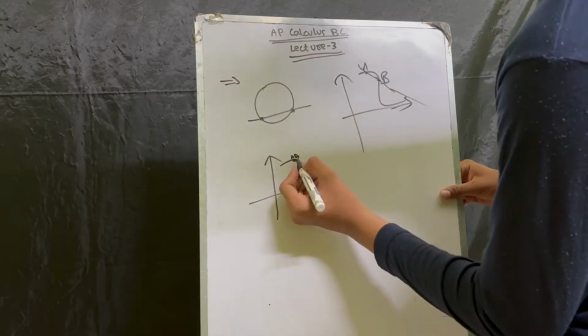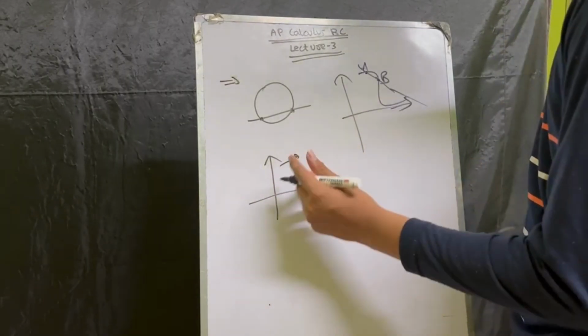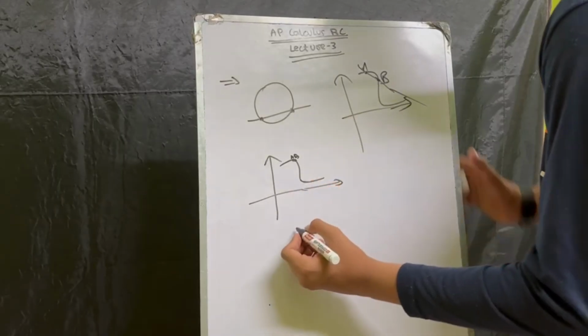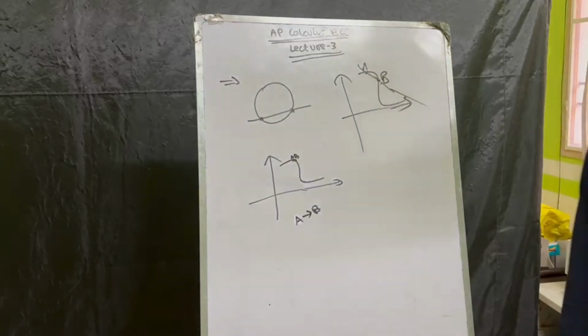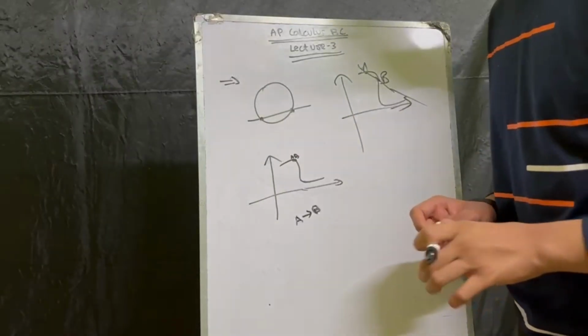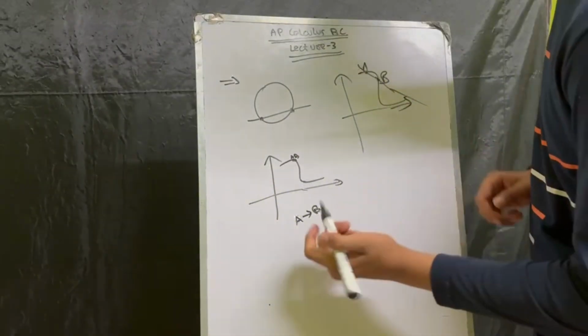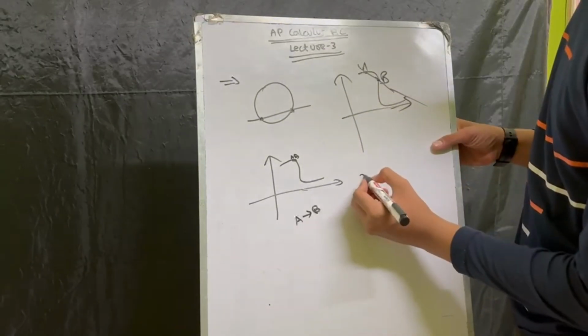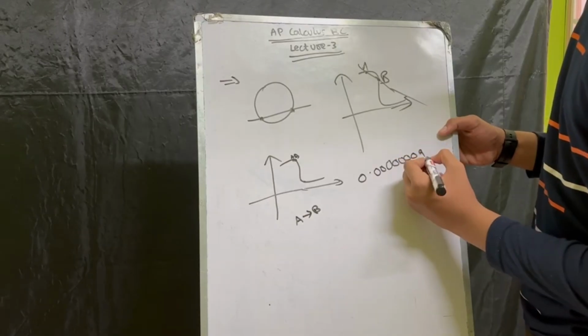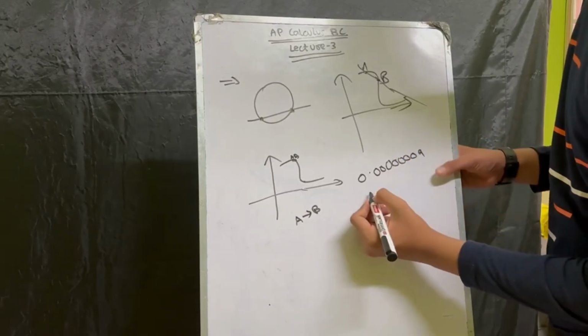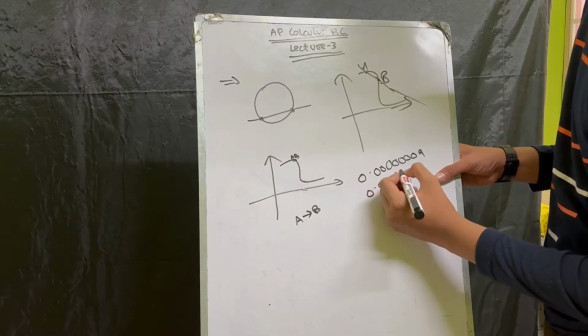You can't even find the distance between them, because A is almost B. So there's not much distance. For example, if A is 0.000000009, I would say B is 0.000000000.